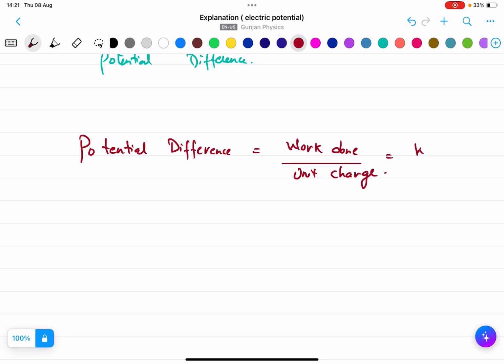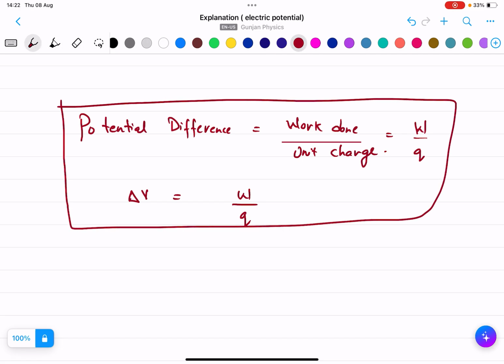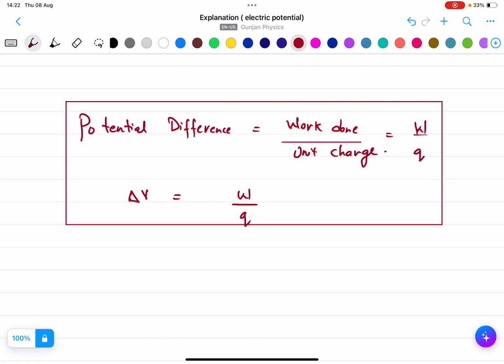Okay, that means W over Q. Or I can write delta V equals W over Q. Why have I written delta V? Because it's a difference of two. Okay, so this is the mathematical expression of potential difference. That means the work done per unit charge.